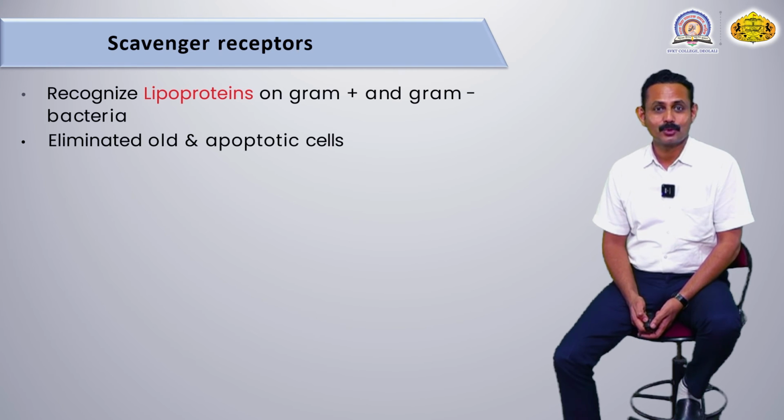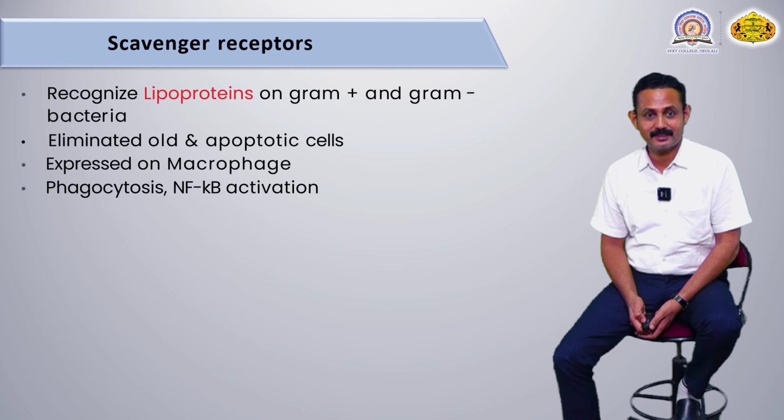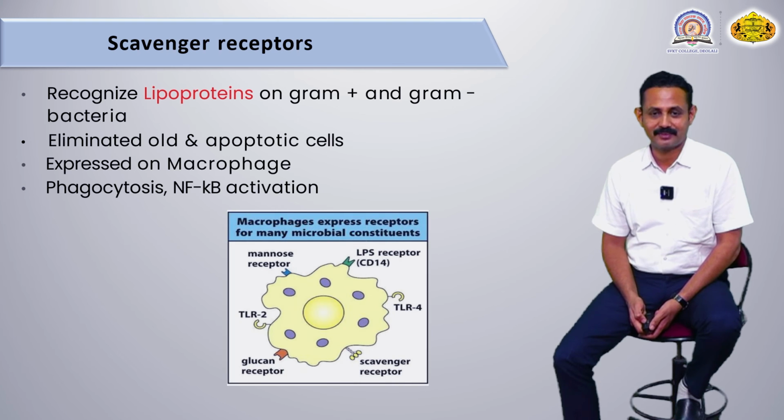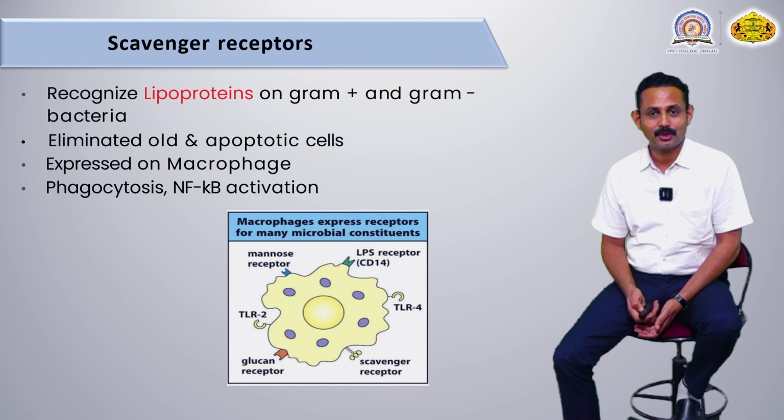So they are eliminated by these receptors. They are mainly produced on the macrophages for the phagocytic purpose. So the role is for phagocytosis and for NF-kB activation. Just like in the previous slide, they are expressed on the surface of the macrophages here, and these scavenger receptors are shown in this diagram accordingly.